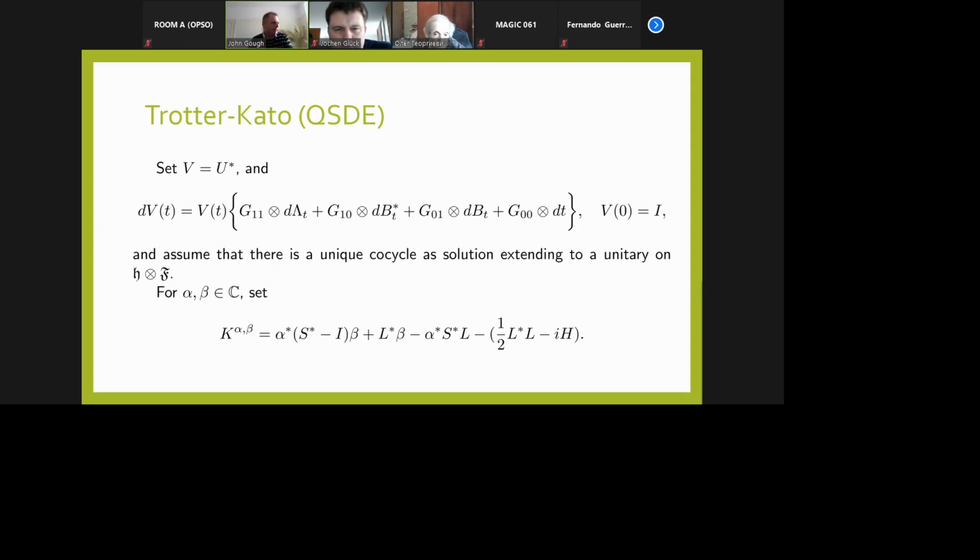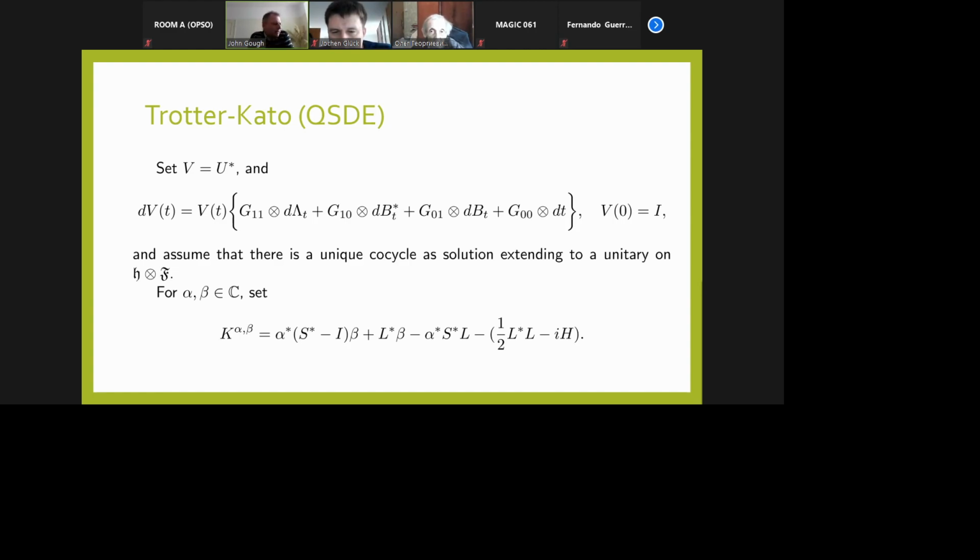And to this end, they tended to work as a matter of convenience with the adjoint of the unitary, basically because it gives you a right QSDE rather than a left QSDE. So if you do that, you'll notice that all the determined braces here involving the increments, they all lie on the right of the operator V rather than on the left. And that's just a consequence of taking the adjoint, and it turns out to be quite convenient to do so.